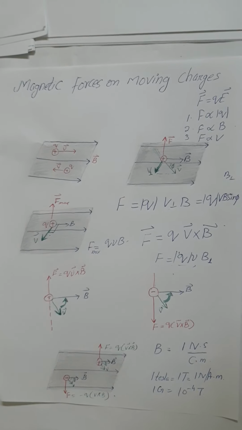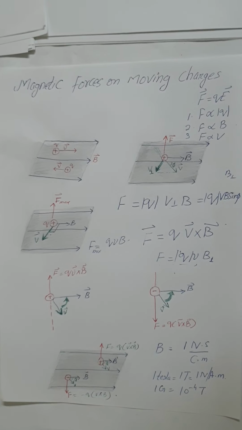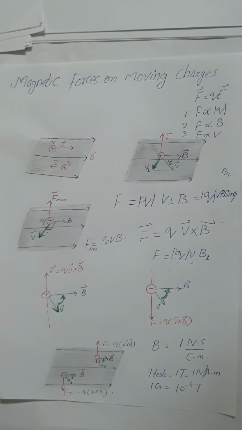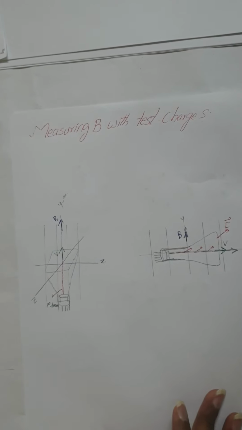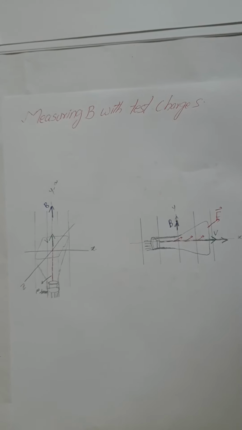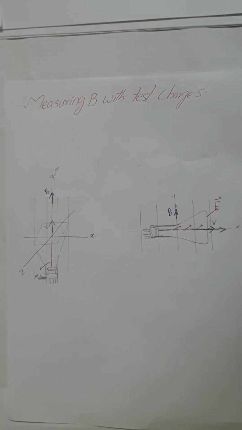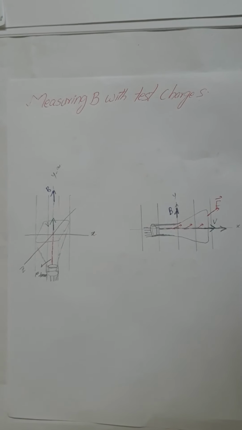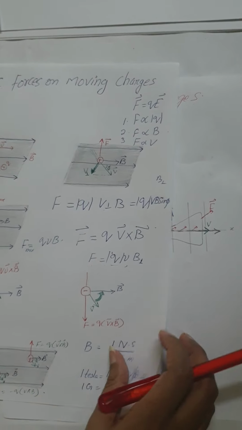So now let's see how we would be able to measure magnetic fields with test charges. To explore an unknown magnetic field, we can measure the magnitude and direction of the force on a moving test charge, using this formulation.